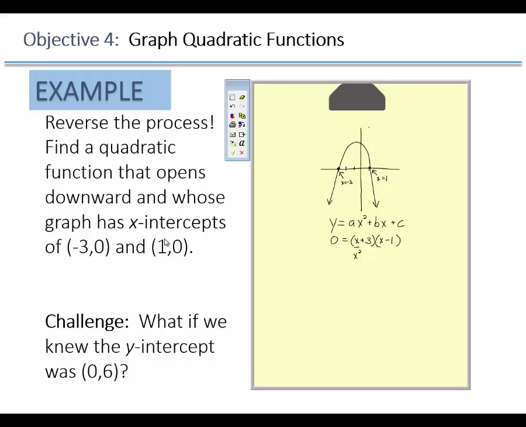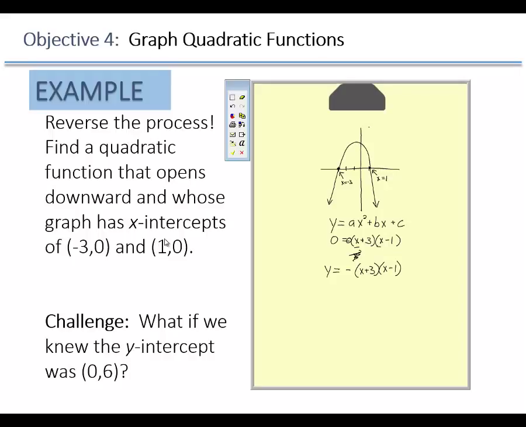We need our parabola to open down, so the simple fix to that is to put a negative sign in front of our two factors. So we could say y equals negative (x plus 3) times (x minus 1).